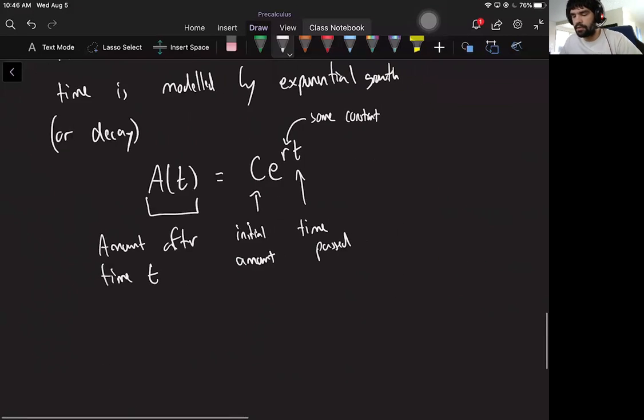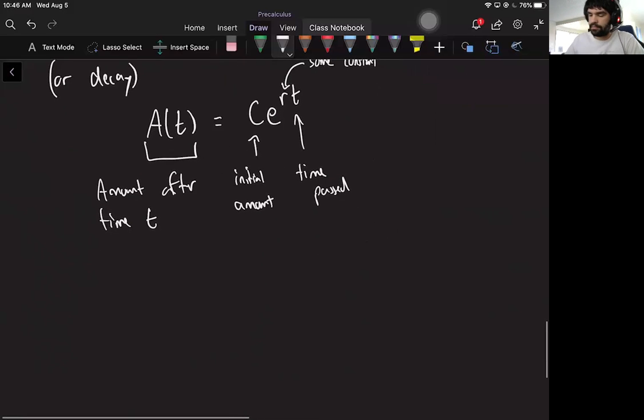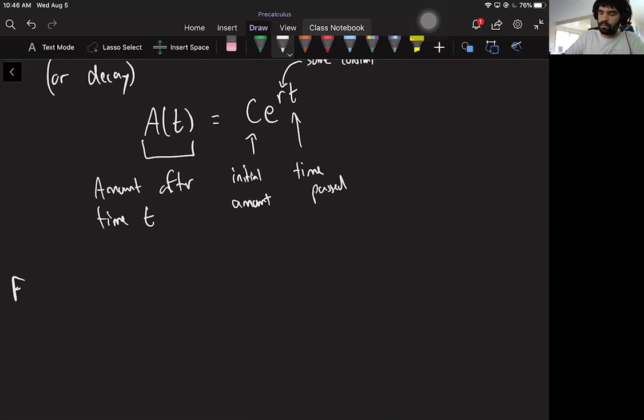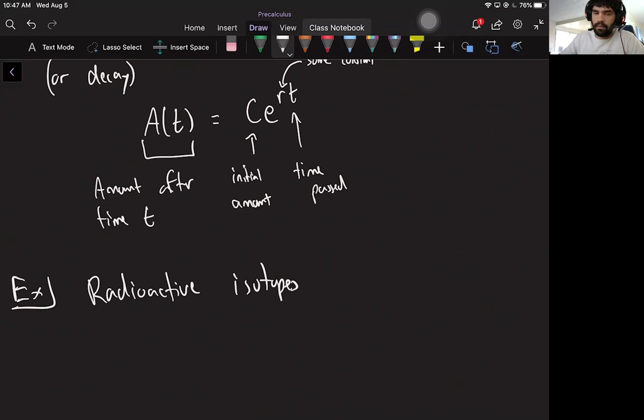And so let's just jump into a problem. Radioactive isotopes are one of these things that grow proportional to, or shrink proportional to, how much there currently is. And in this situation, they decay exponentially.